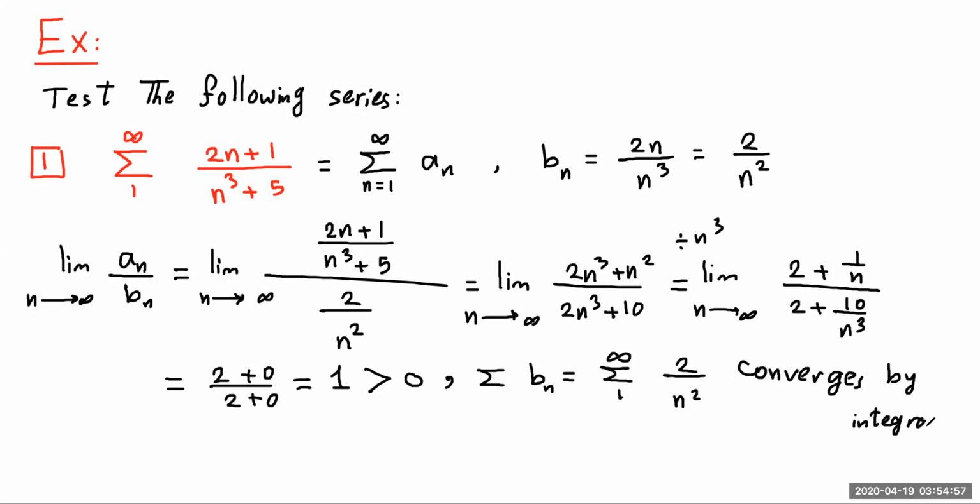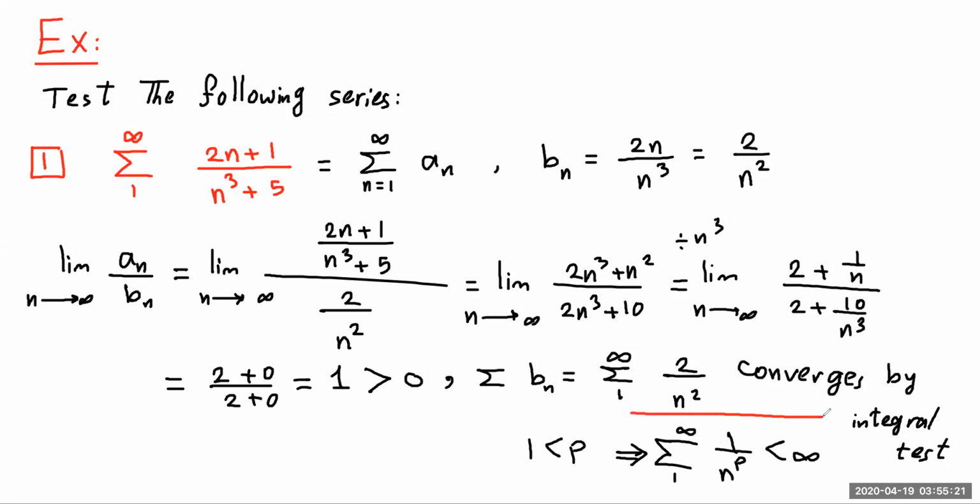Integral test. Because remember the rule. What was the rule? Sigma 1 over n power b converges if, I suppose, b is greater than 1. So this was the rule from the integral test.